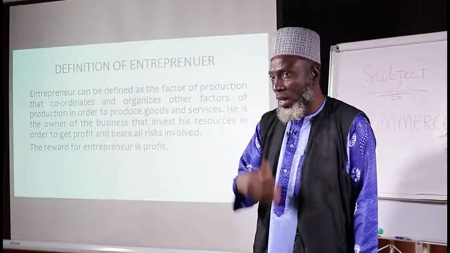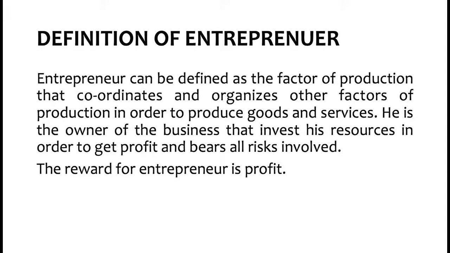And with this, we have come to the end of our third factor of production, which is capital. We now go to the last one, which is entrepreneur. Now, what do we mean by entrepreneur? Entrepreneur can be defined as the factor of production that coordinates and organizes other factors of production in order to produce goods and services.